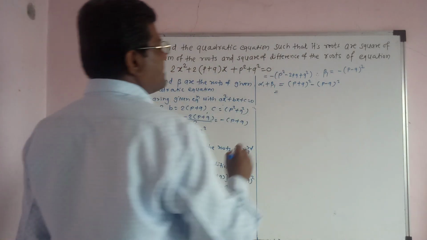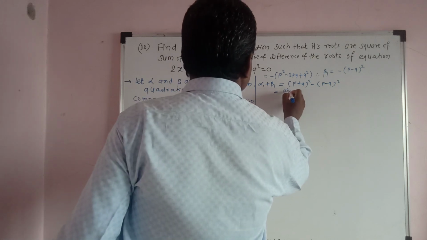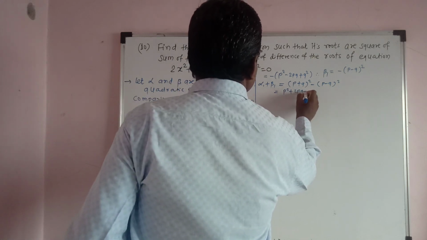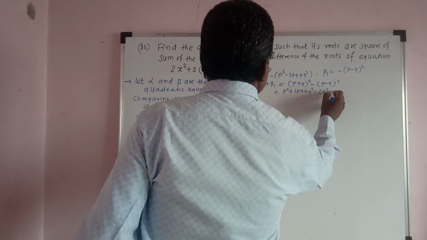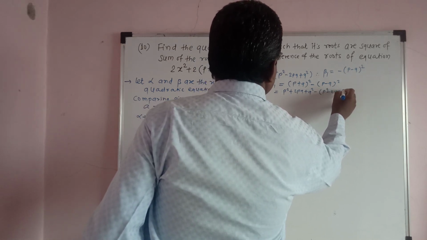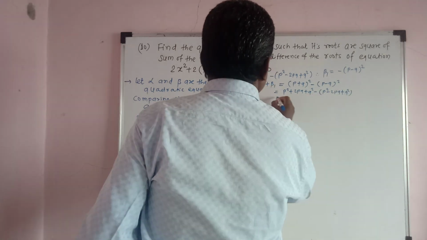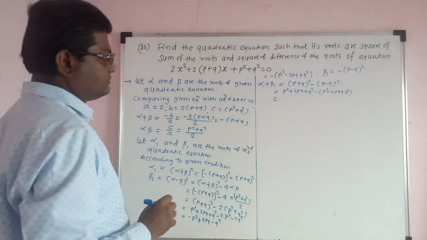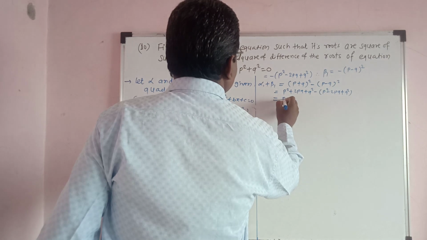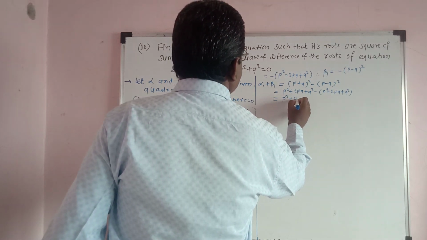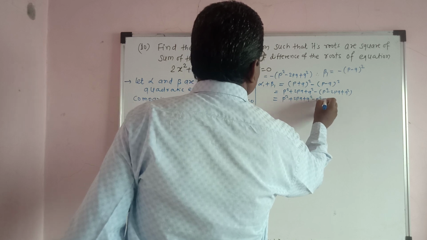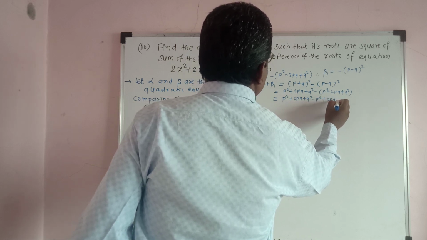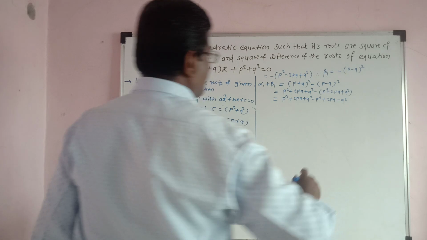Expand these two brackets: p square plus 2pq plus q square minus in bracket p square minus 2pq plus q square is equal to p square plus 2pq plus q square minus p square plus 2pq minus q square.